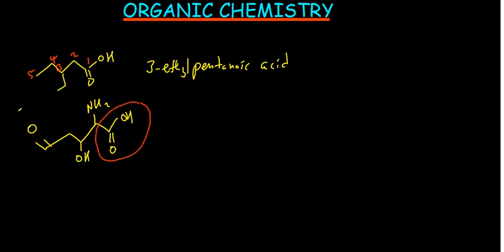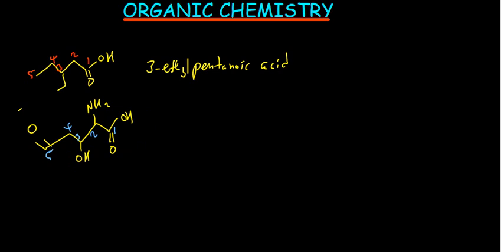Well, we've got an acid functional group, an amine, and also an alcohol, and also an aldehyde. But we know that priority is going to be given to the carboxylic acid because it has got higher priority than anything else. And so the rest are going to act as groups. So this will be position number 1, number 2, number 3, number 4, and number 5 there.